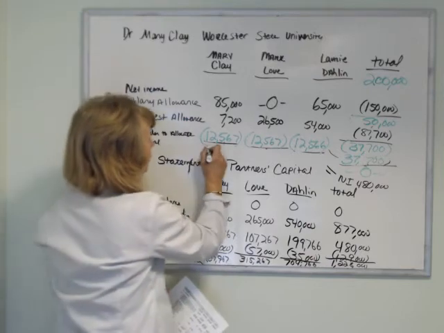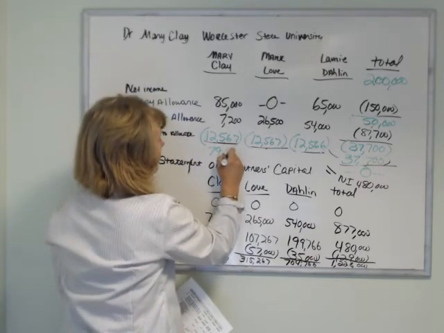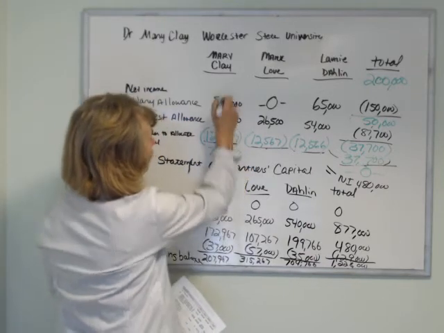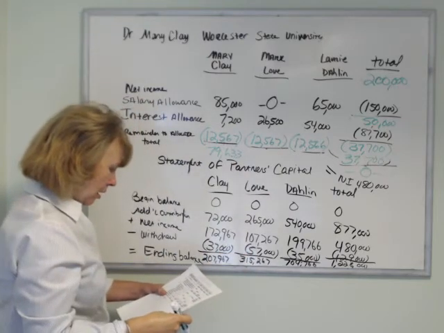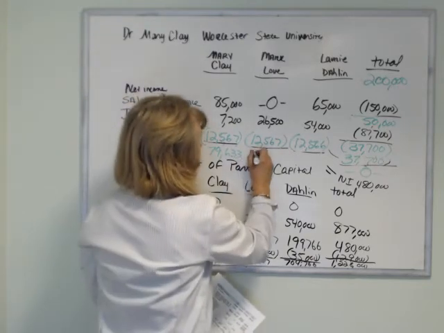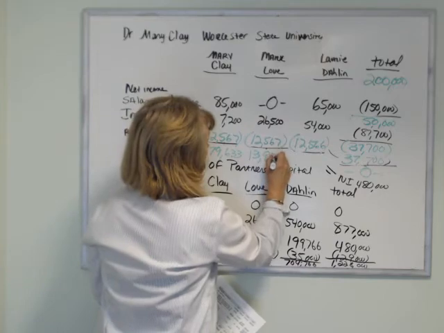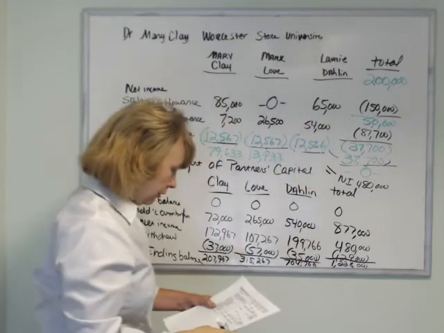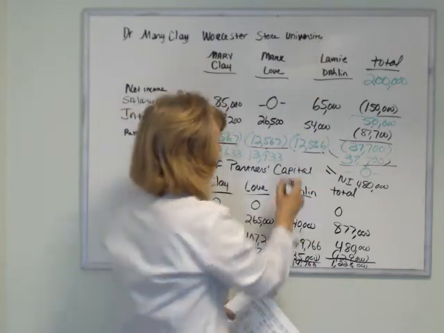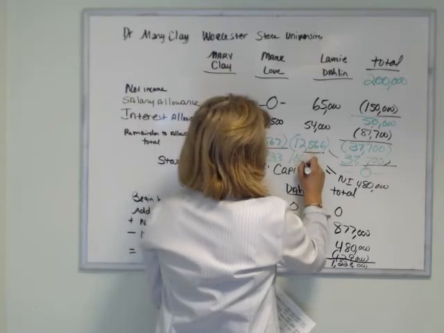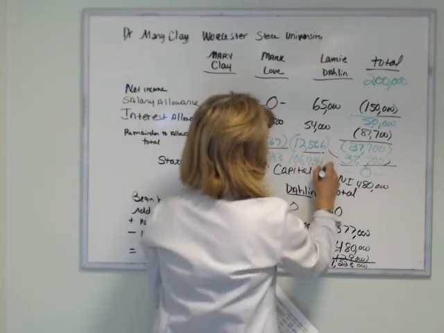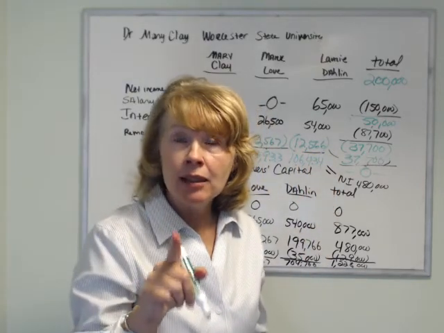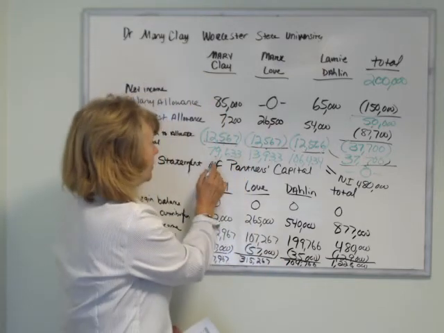So you're going to add: 79,633 should be for Clay. Love is 13,933, and Delene is 106,434. Okay, same thing. Double check your work.